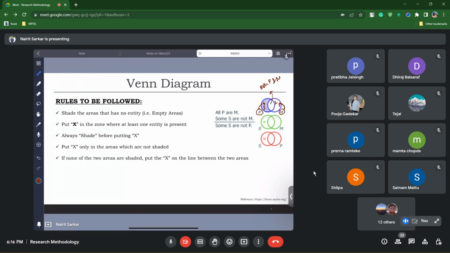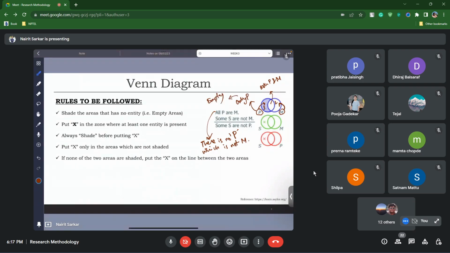So all P are M means there is no P which is not M. That means this area, only P, is empty, right?